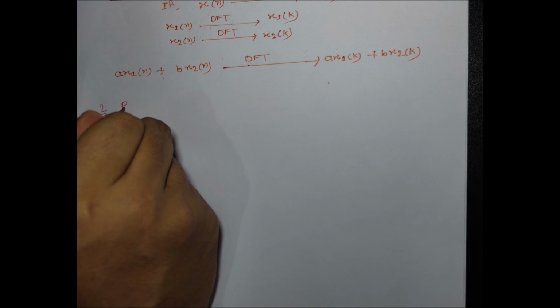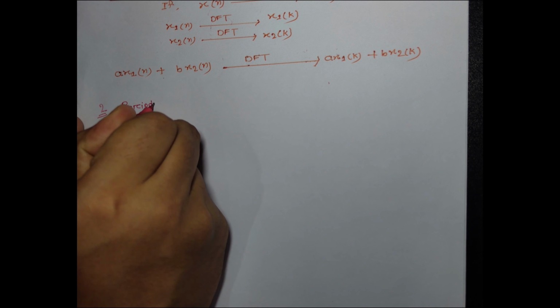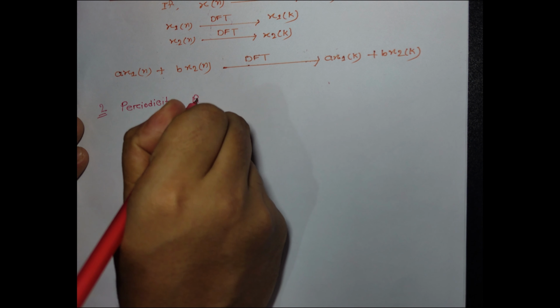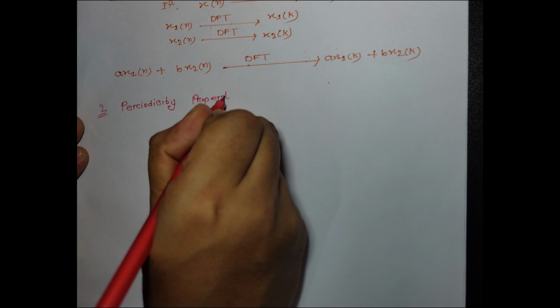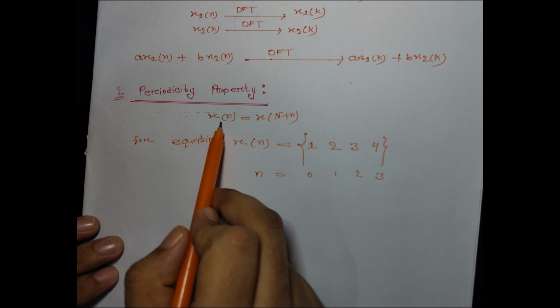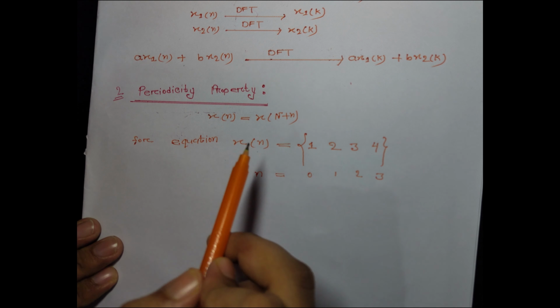The periodicity property states that x[n] equals x[N plus n].